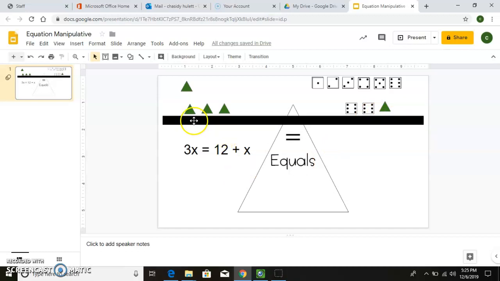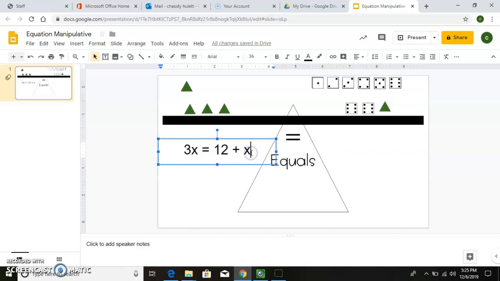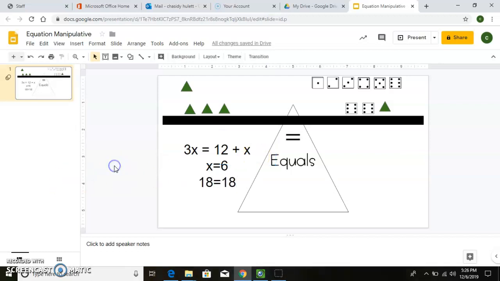Let's try 6. 6 plus 6 is 12, plus 6 more is 18. And then we have 6 plus 6 plus 6 equals 18. So if I were to write this problem out, my answer would be x equals 6. But then below that, I would want to write the equal parts of my equation. So I would say 18 equals 18 in this equation. So that would be our answer.